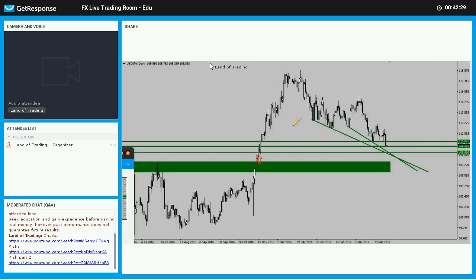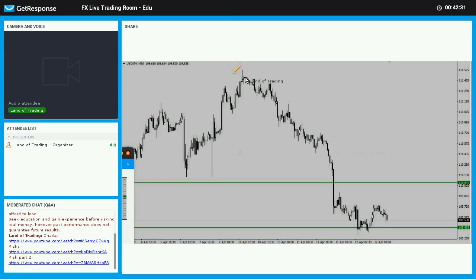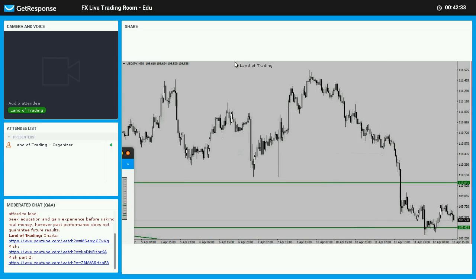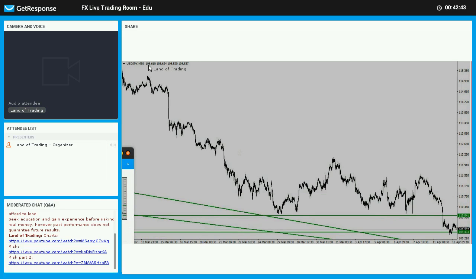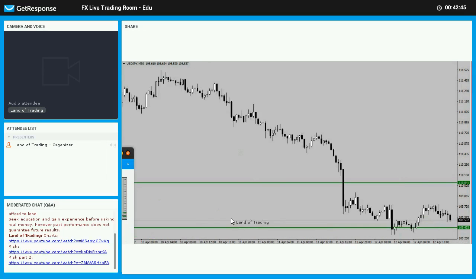So we know where we are on a daily time frame, so let's switch to a lower time frame and have a look at what we have here and what we can do here using our supply demand approach. From here, we went and made a lower low.